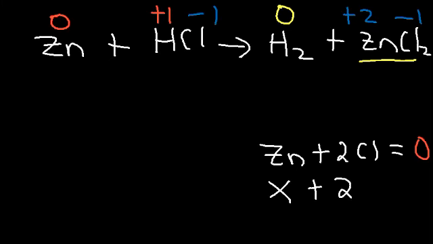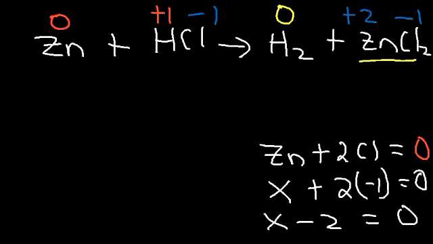And we know that chlorine as an ion has a -1 charge. So let's replace Cl with -1. So right now we have X minus 2 is equal to 0. If we add 2 to both sides, we're going to get the oxidation state of zinc, which is +2. And so that's one way you can calculate it if you're ever unsure.